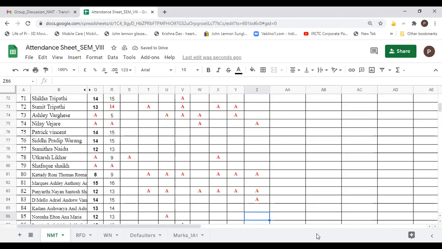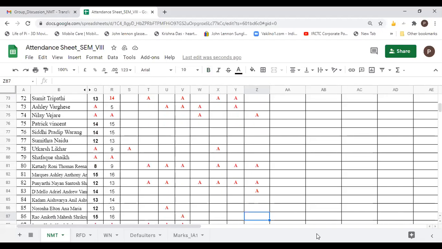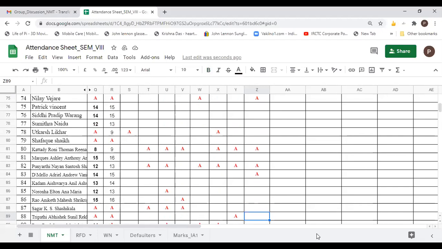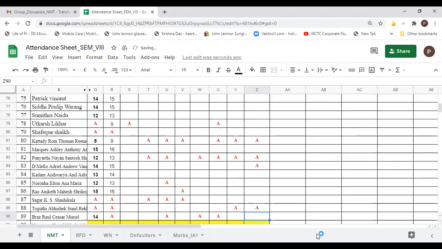Elton is there, raised hand. 86, present, ma'am. 87, present, ma'am. 88, 89.